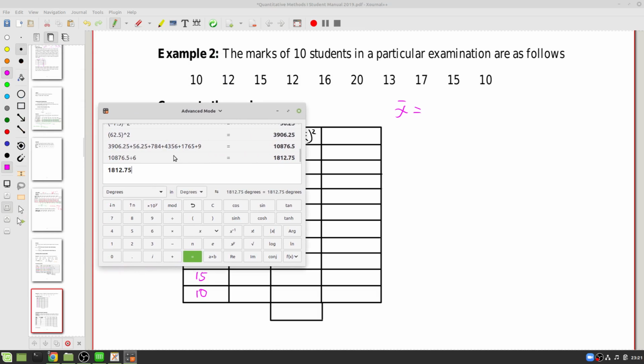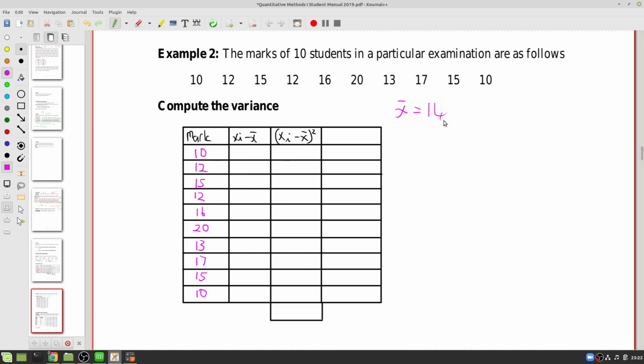We've got 10, 12, 15, 12, 16, 20, 13, 17, 15, and 10. So that's 140. And how many things are there? It tells us it's 10, right? So we divide that by 10. So x bar is 14.